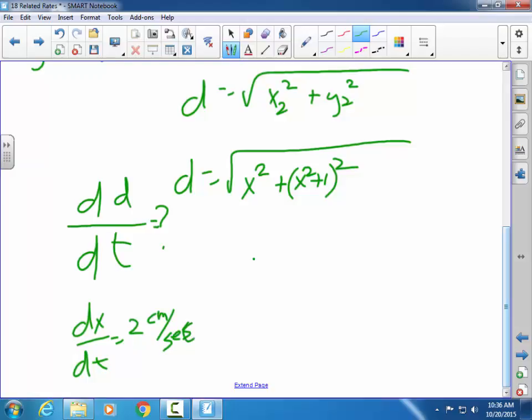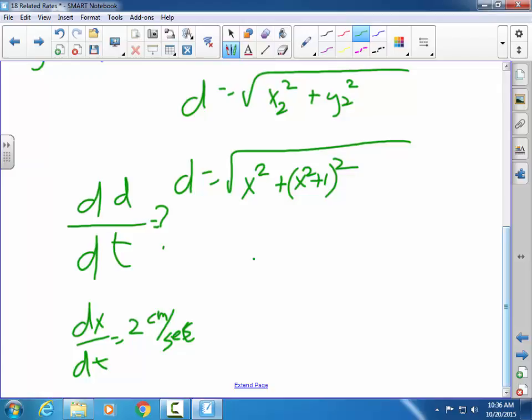So then we should be able to now take the derivative of this and plug this 2 centimeters per second in wherever we have a dx over dt. Our answer is just going to have x's in it in the end, okay?